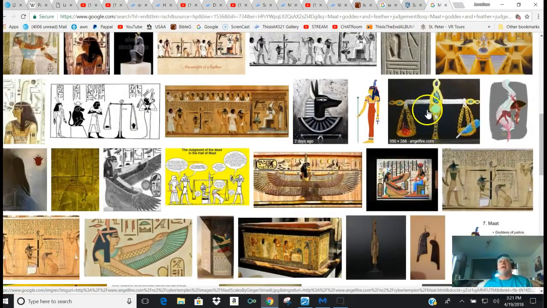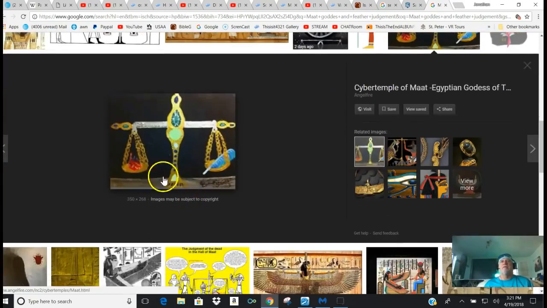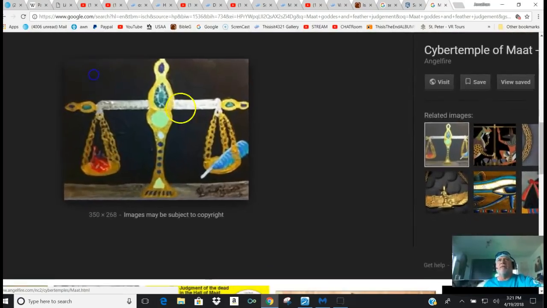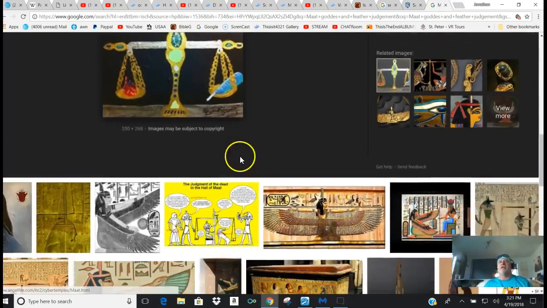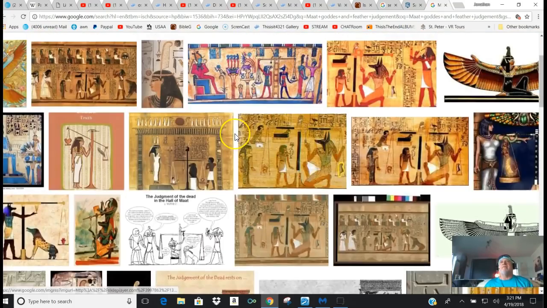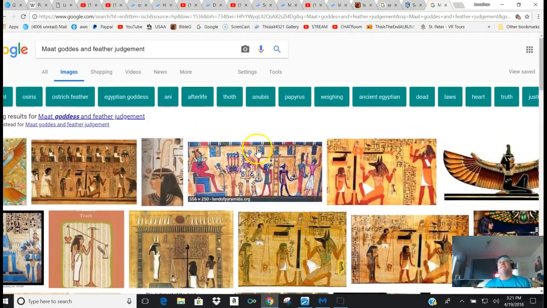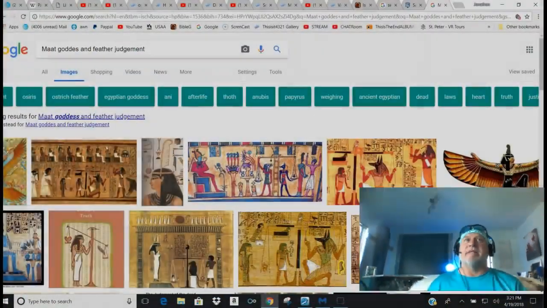Here it is, right here. They would put your heart on a scale, right there, and they would weigh your heart against the feather of the ostrich. And if it didn't pass, you got fed to a giant crocodile that was waiting to eat your heart. A giant reptile got to eat your heart if you didn't pass the test.